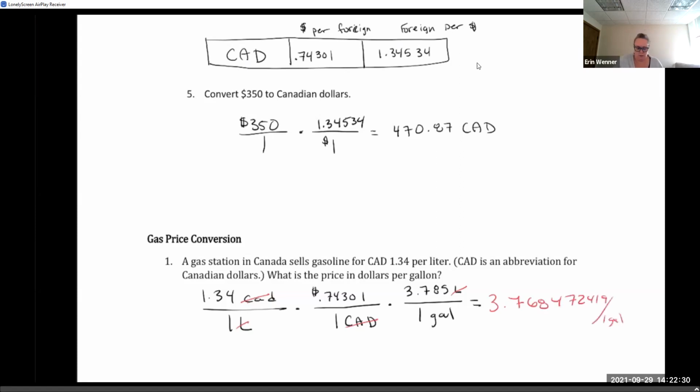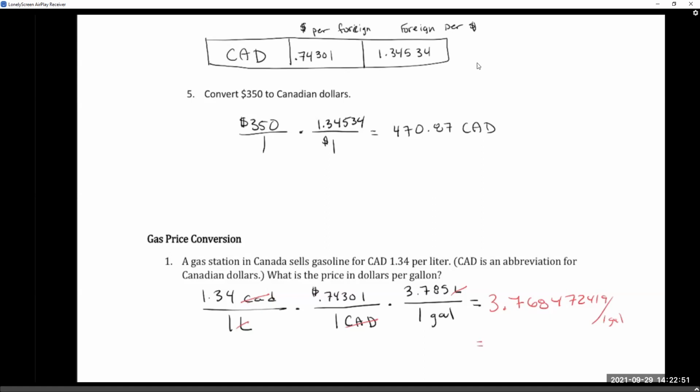Now, is the gas station going to list out their price that long? 3.76847, blah, blah, blah. No, they're going to go to the nearest penny. Well, actually, they go to the nearest thousandth of a penny because they always put like a 9. I've seen most gas stations go over to three decimals.